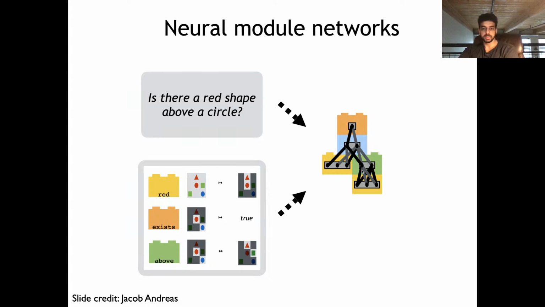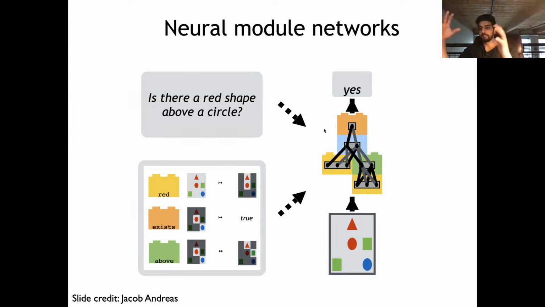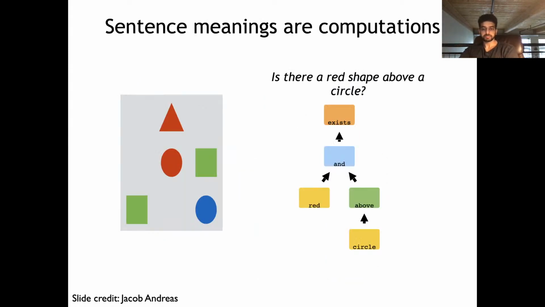So here I have the red network and above network, and so on. And the image goes in as input here. We feed it through this structure of different modules, and finally I get as output the answer.